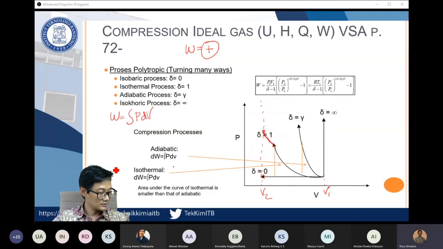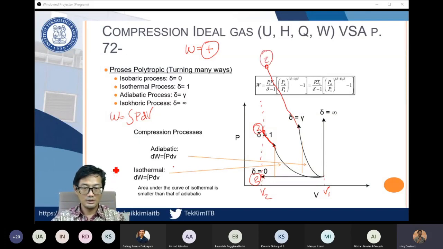So for example, this is 2 for isobaric, 2 for isothermic, and 2 for adiabatic. Okay, then you can do the same thing: calculate the area under the curve.